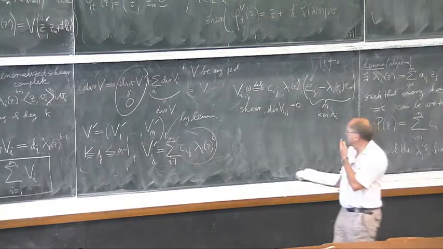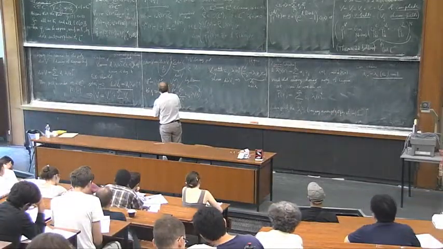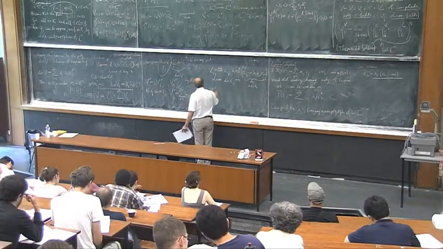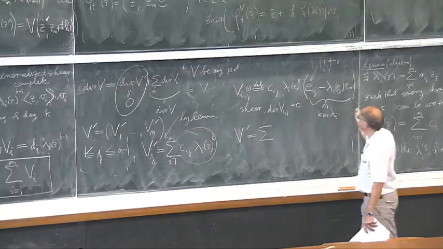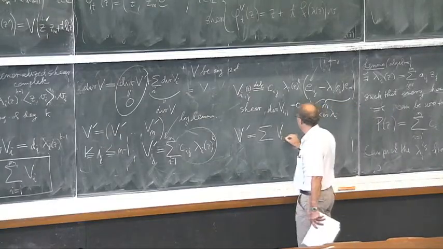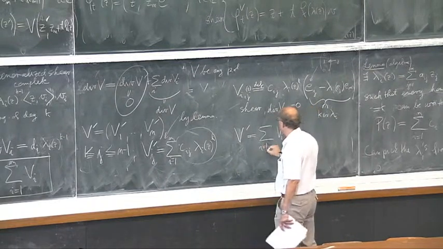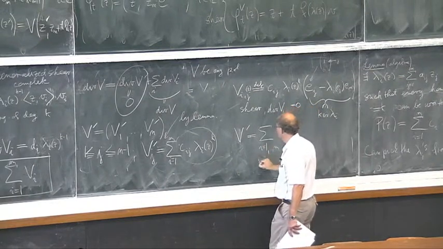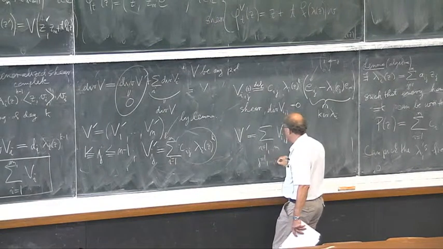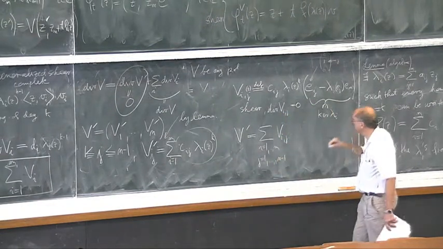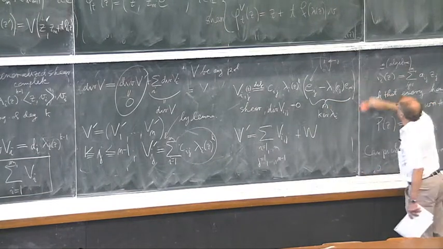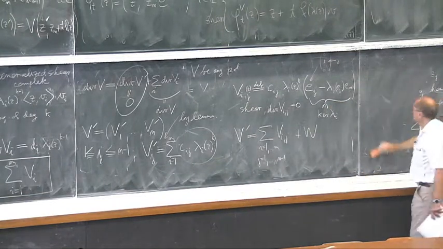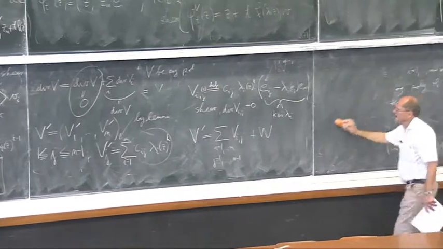Okay, by doing that, we now write v prime as the sum of all these guys which we made. So here i runs from 1 to m, j runs from 1 to n minus 1, plus something else. Okay, but now you see what we have done.